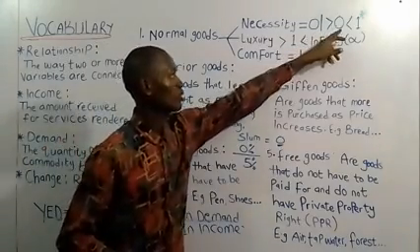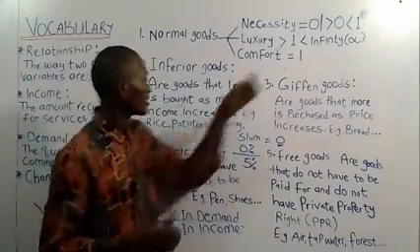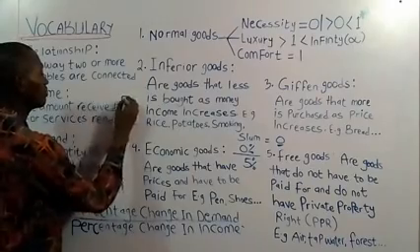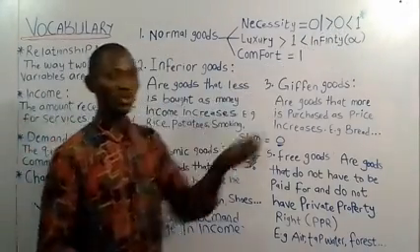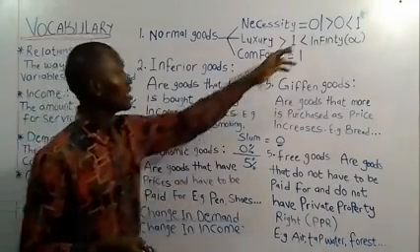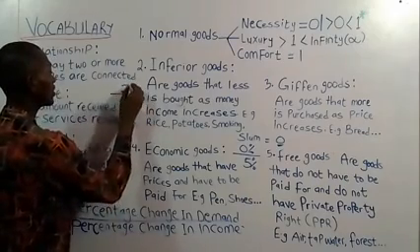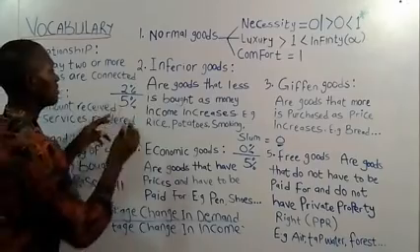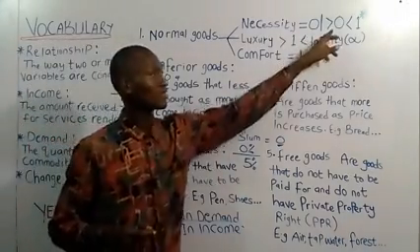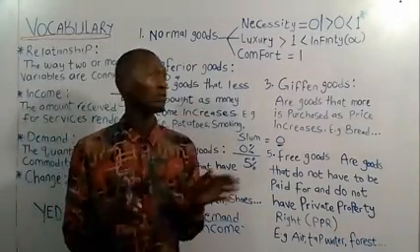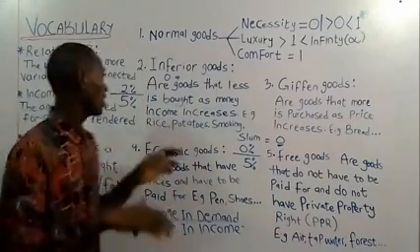And the second elastic coefficient is greater than 0 but less than 1. What that means is, let's assume a 5% change in income brings about a little change in the demand for necessity goods, let's say a little change like 2%. So 2 divided by 5, you are going to be having 0.4. So there are times that when income changes, the demand for necessity goods will change by a little, and that's 2%.